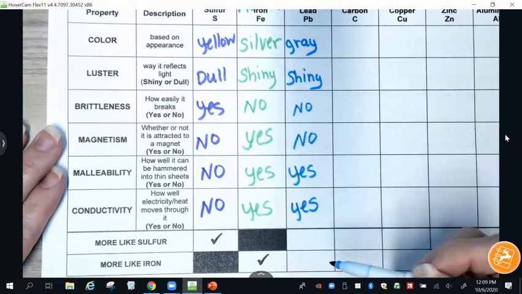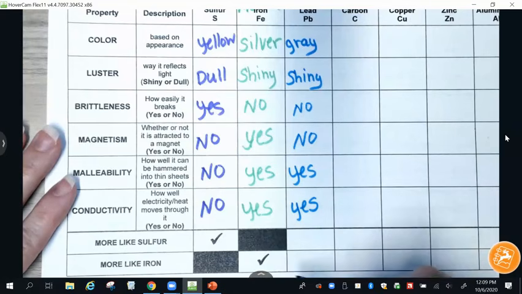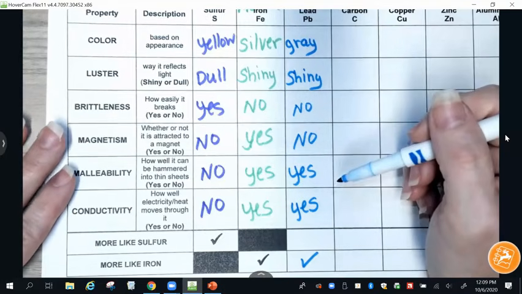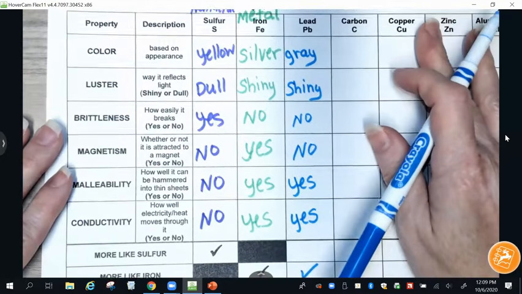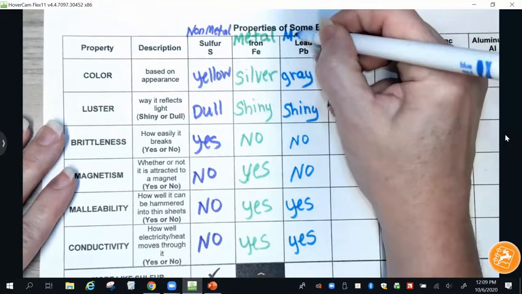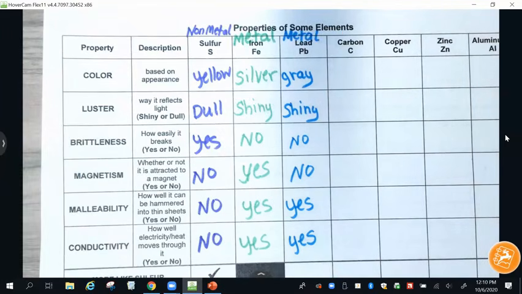So we're going to say that it has more in common with the iron than it does with the sulfur. So we're going to check the box that says more like iron. Now, if it's more like iron with these properties, do you think it's going to be a metal or a non-metal? Metal. So let's go ahead and write metal on the top. Right there, metal.